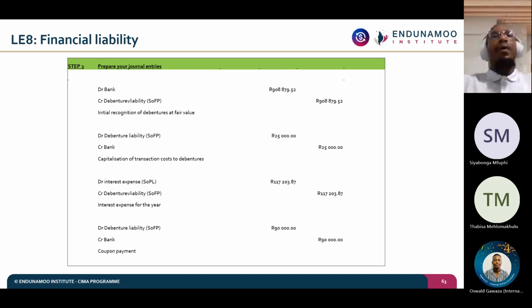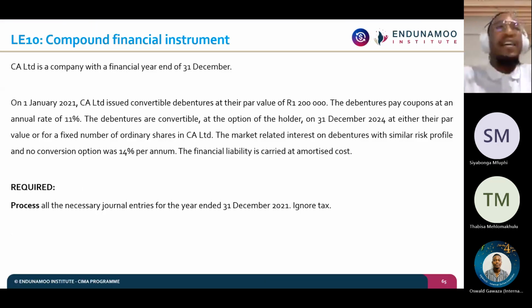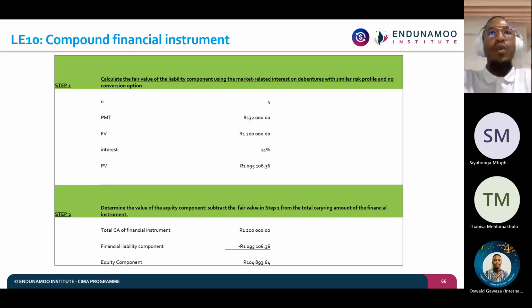All right, the compound financial instruments example, we covered this, ladies and gentlemen. We covered it earlier on where we said, first things first, we calculated the fair value of the liability component. We determined it to be 1,095,000. And we know that the carrying amount was 1.2 million.